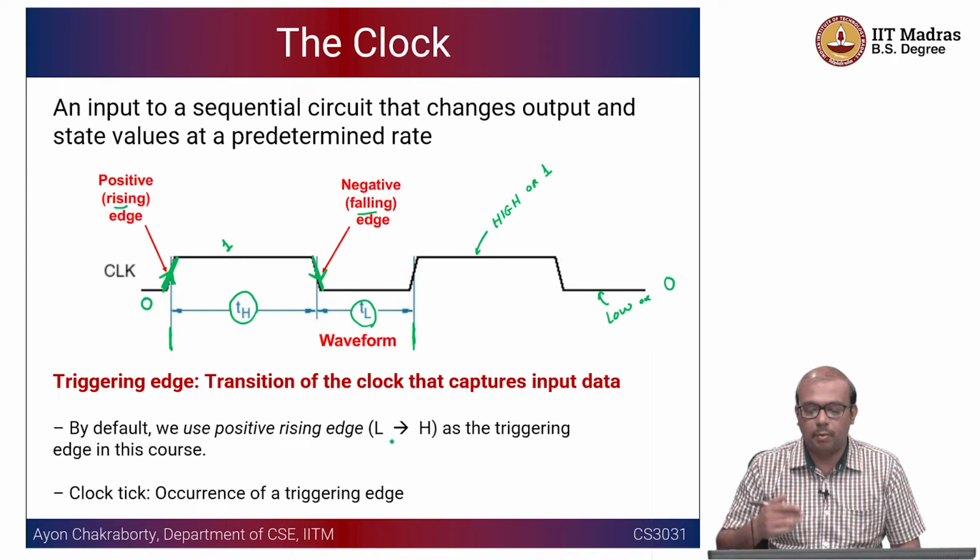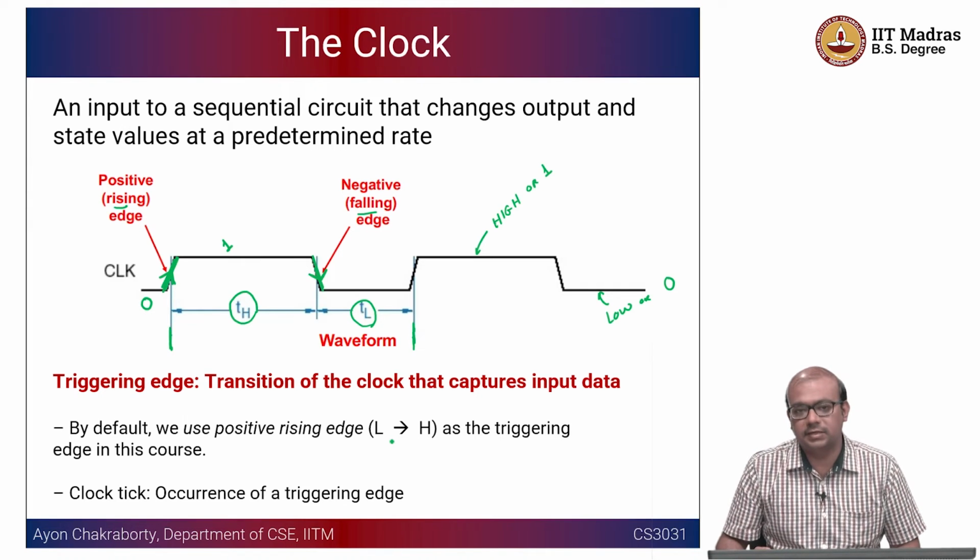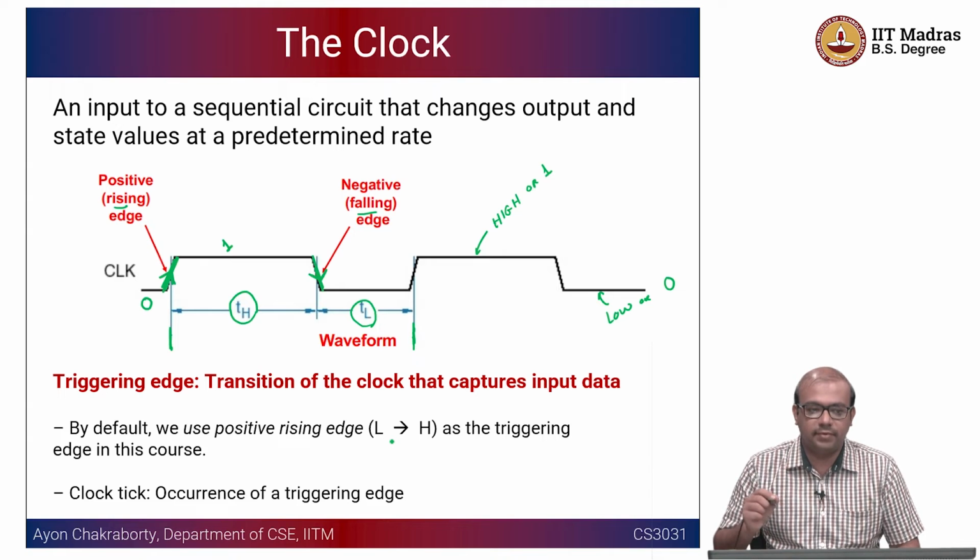Unit time could be 1 second. In 1 second you can have, let's say, 50 such cycles. That means that the clock is operating at 50 hertz. So with this 50 hertz, you basically have 50 units of time that have been spent in the circuit.